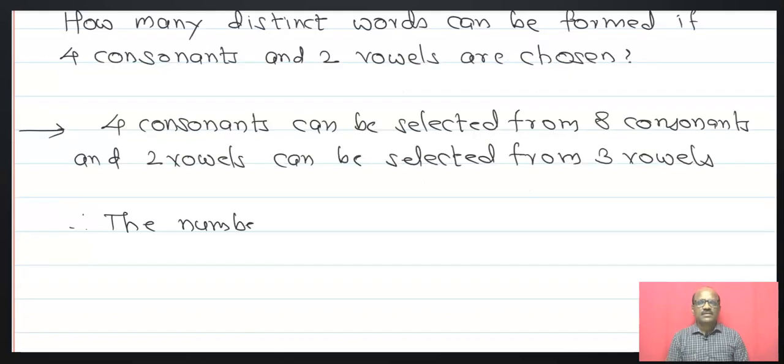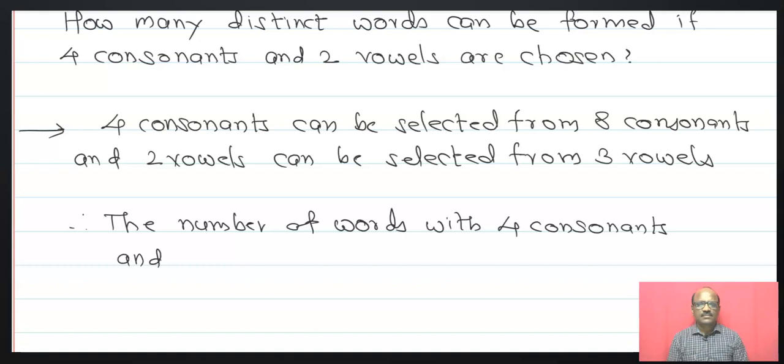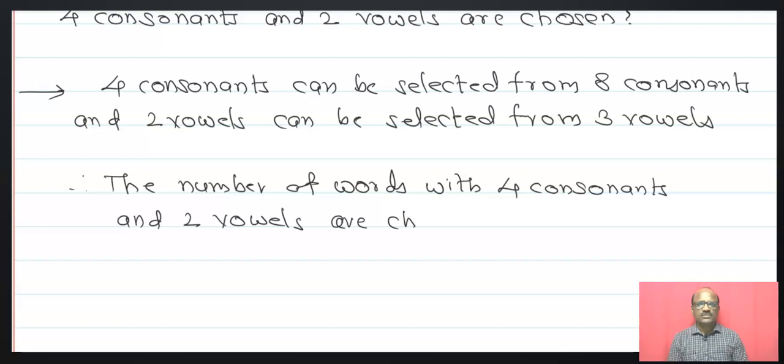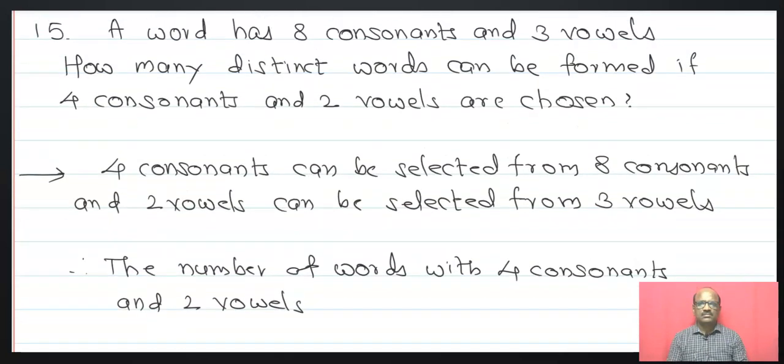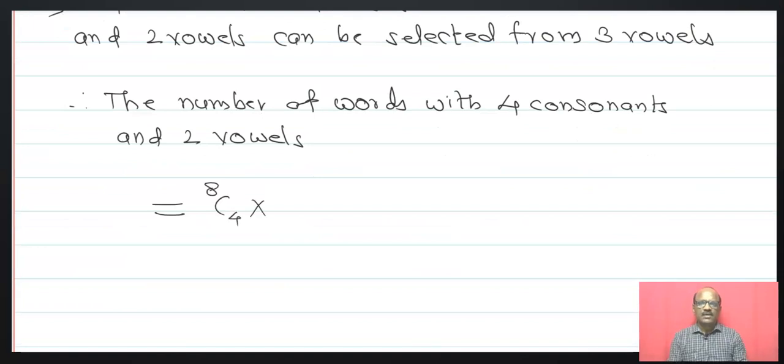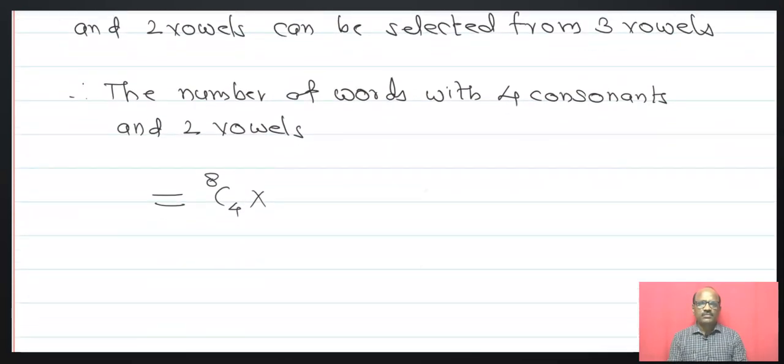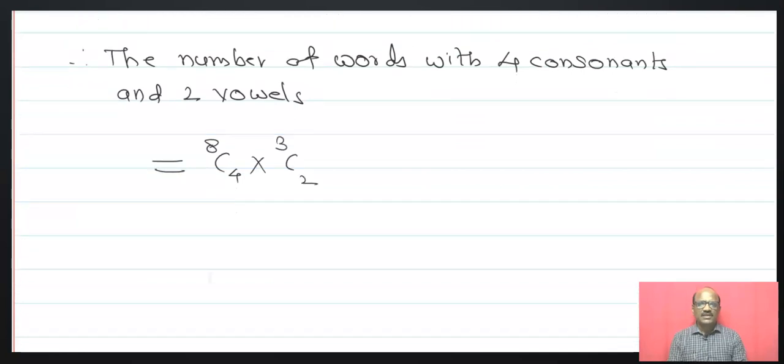Therefore, the number of words with 4 consonants and 2 vowels is equals to 8C4 into 3C2. Now we'll perform the calculation.